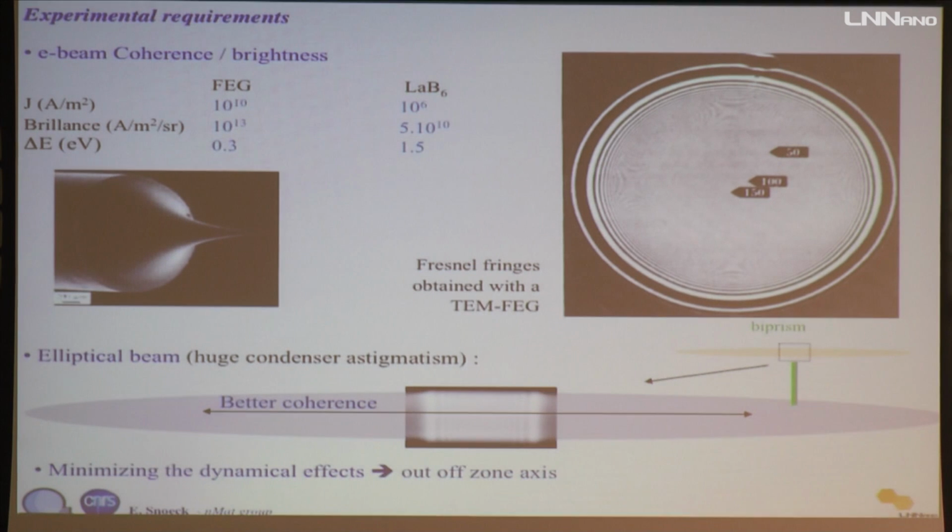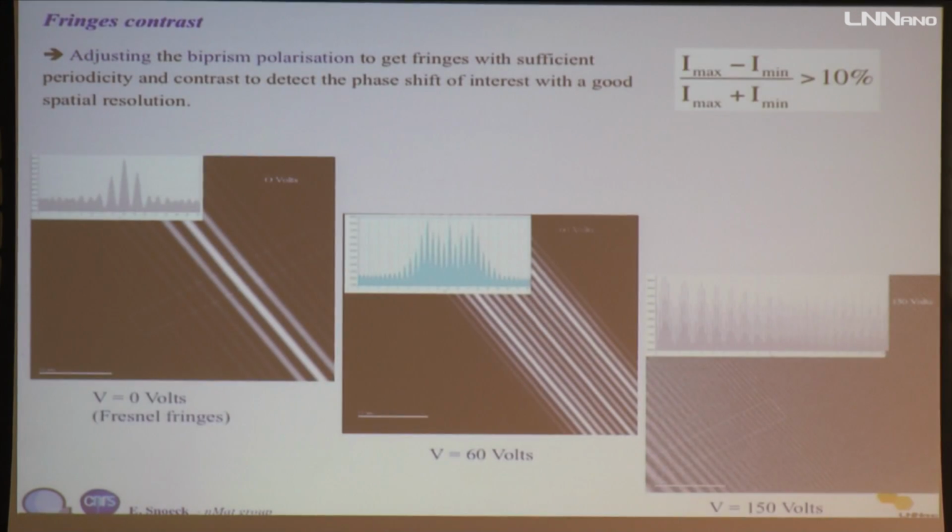There are some dynamical effects due to particular diffraction conditions that you have to avoid, because in this case, if you have some diffraction contrast that you observe in your image, you will have some artifact in the phase measurement. I will go there in detail.